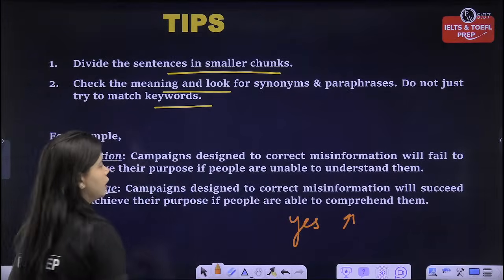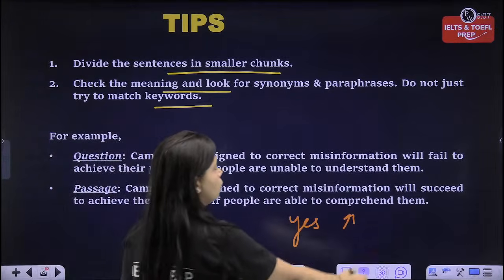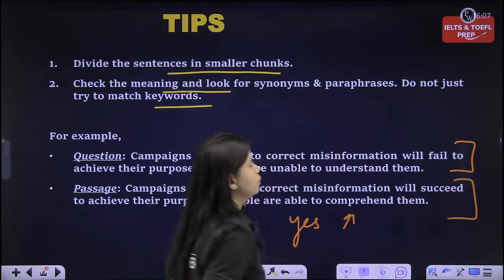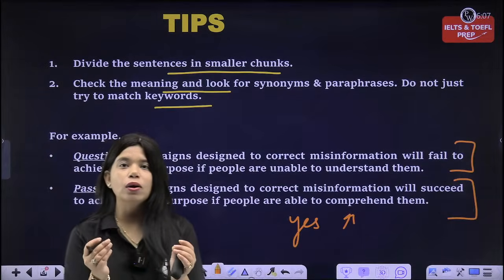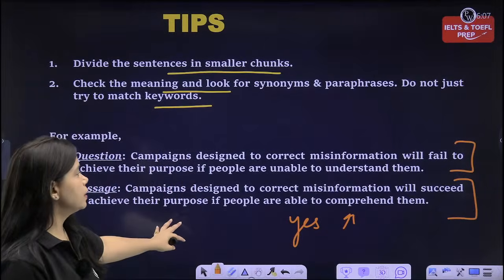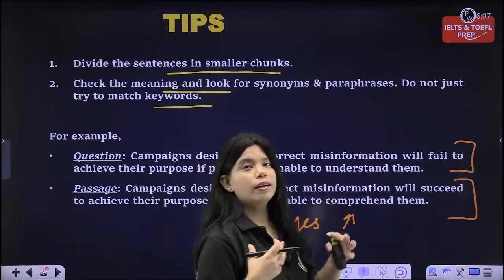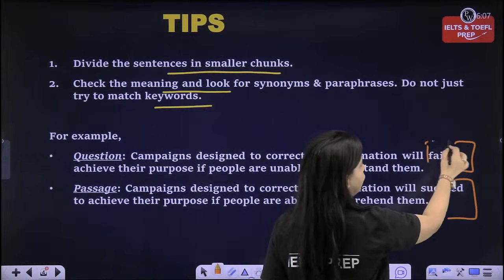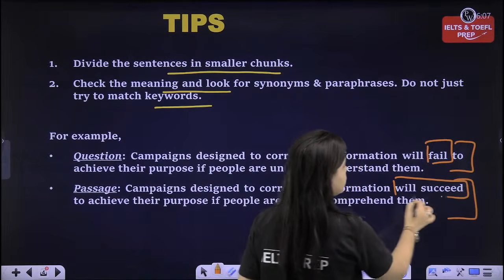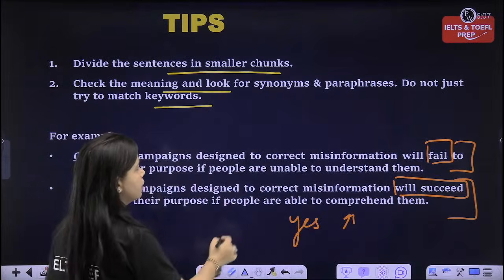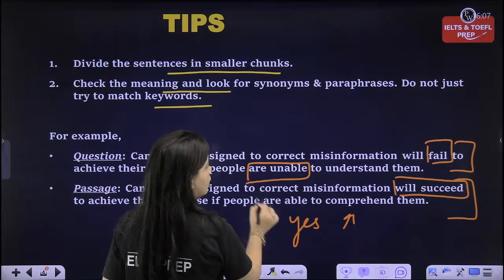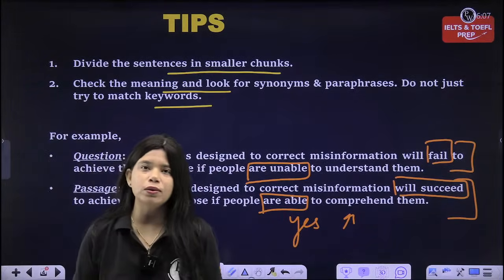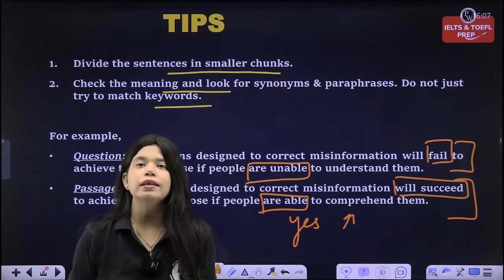A lot of words given in this sentence match with the words given in this sentence, and there are some words which are opposite also. For example, here it's written will fail, and here it's written will succeed. And here it's written are unable, and here it's written are able. So opposite words are written, but the answer is yes.